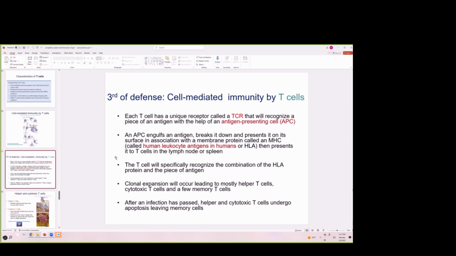In that process, they call clonal expansion. A clone is just basically a bunch of the same kind of cells.